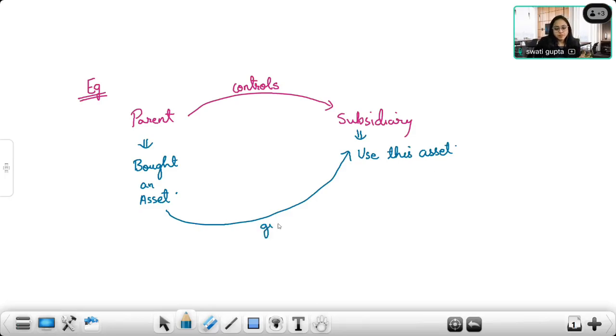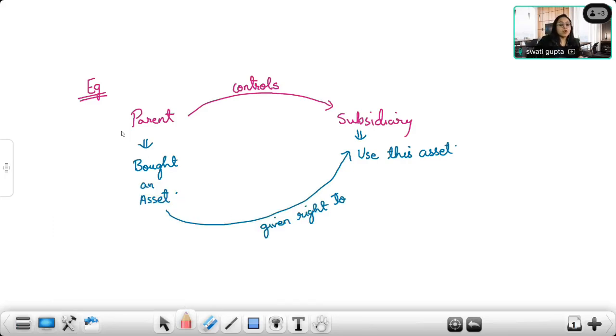Given the right to use the asset. Okay. The parent has acquired, purchased, bought the asset and transferred it to the subsidiary that, okay, subsidiary, you can use it for your purpose. Now, what happens?